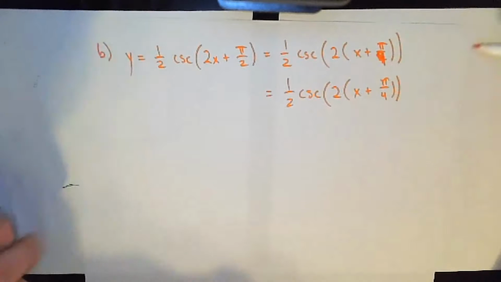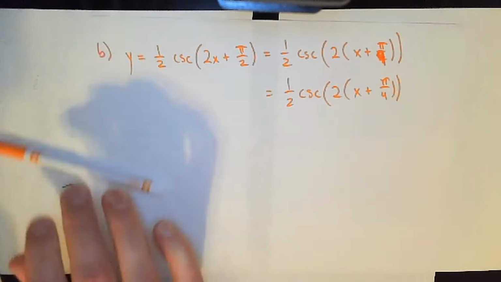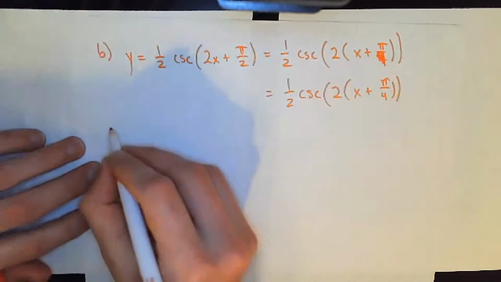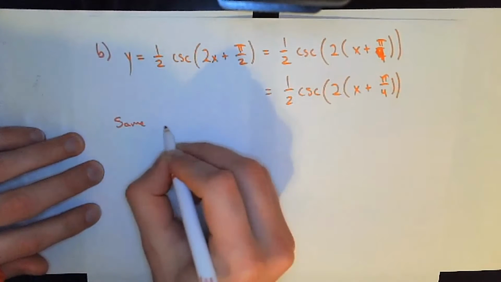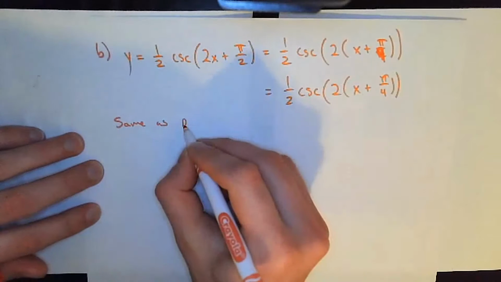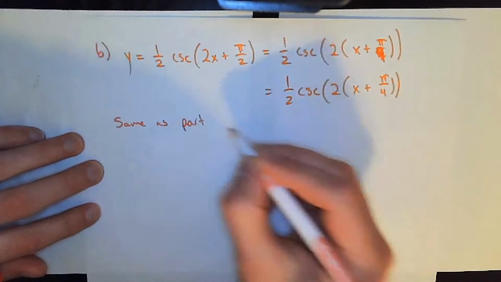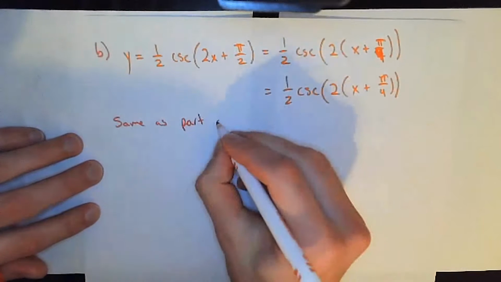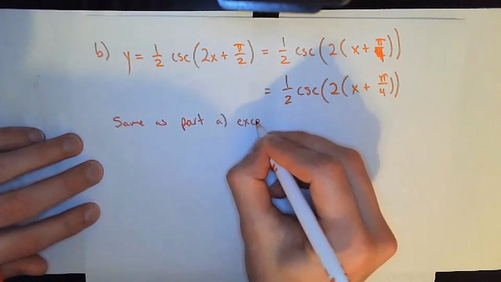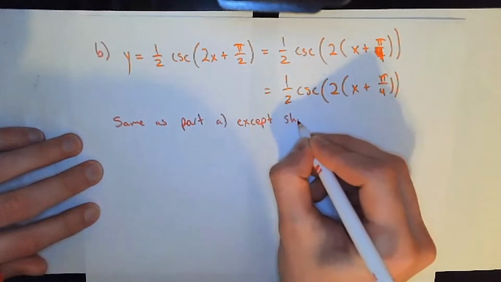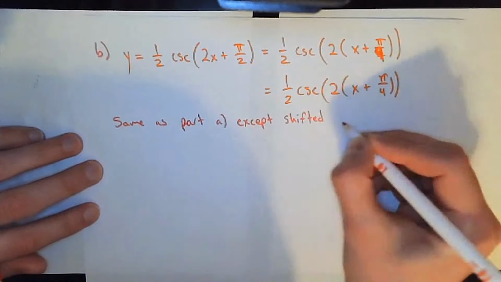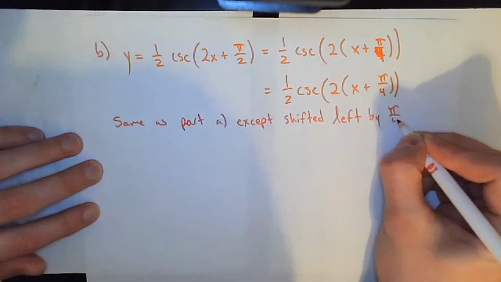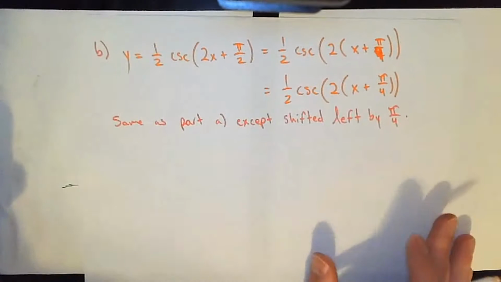Okay, so thus we have the same function that we had last time, same as part A. It has the same period and everything, period of pi, because you would have 2 pi over 2, right? Same as part A, except shifted left by pi on 4.